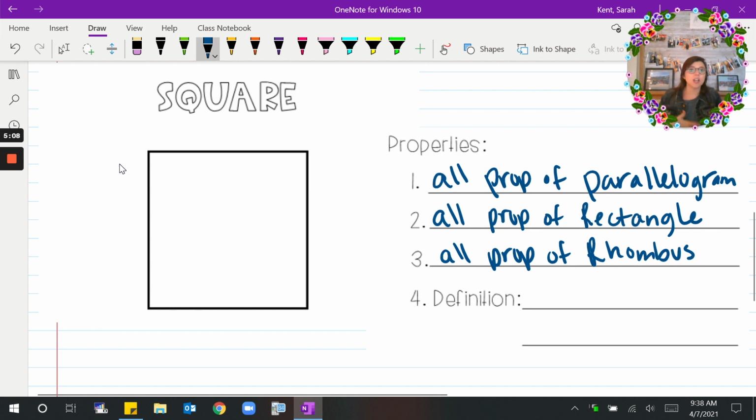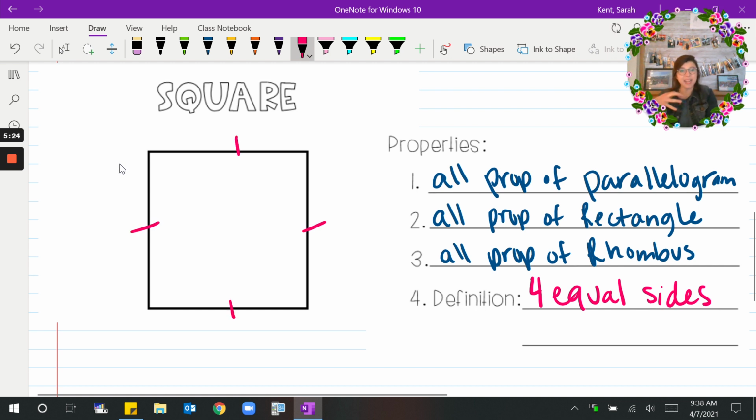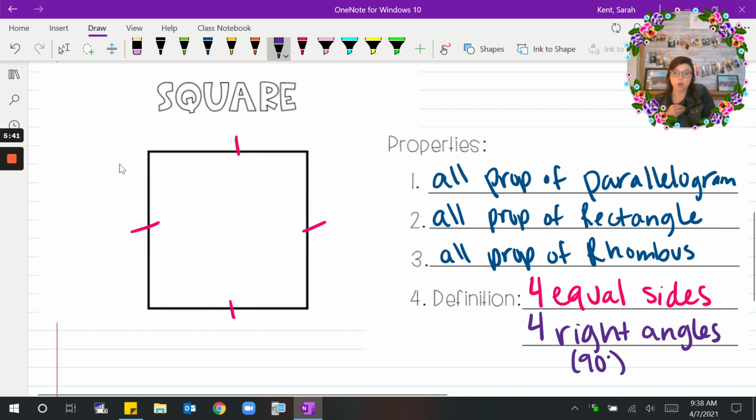So our definition of a square, what makes a square, is that our square has 4 equal sides. So all 4 sides have to be the same. But that's the same as a rhombus. So to make it different from a rhombus, it also has to have 4 right angles, or 4 90-degree angles.